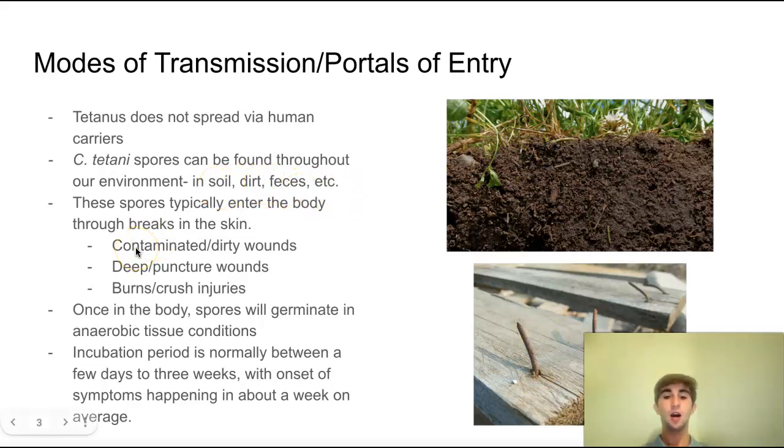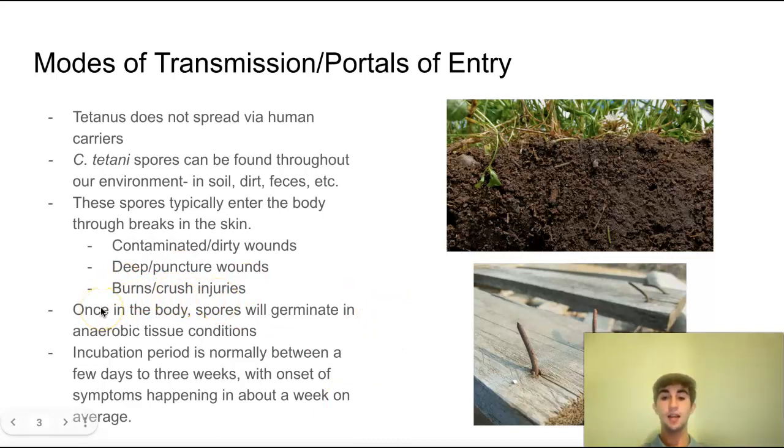So getting a cut and having it be contaminated with stuff like that, that's what's going to get you infected with Clostridium tetani. Especially these deep puncture wounds, those are also high risk for tetanus infection. And stuff like burns and crush injuries are also high risk.